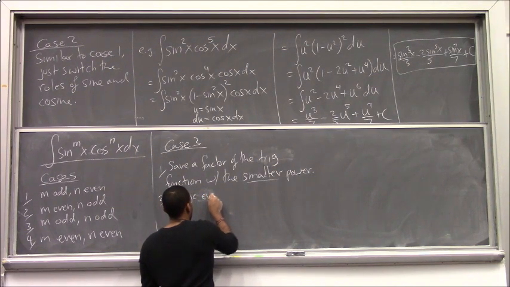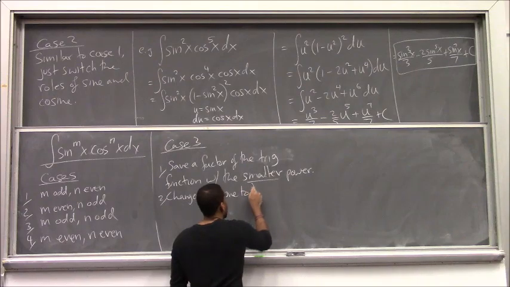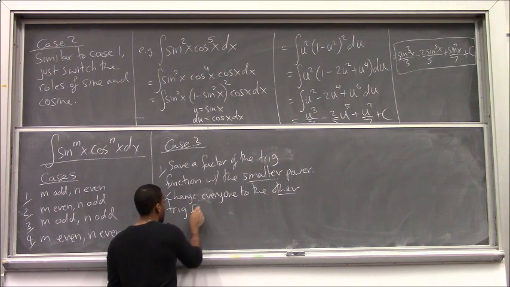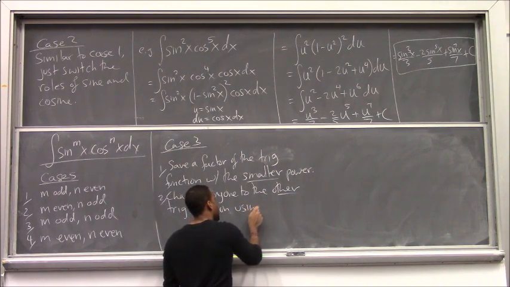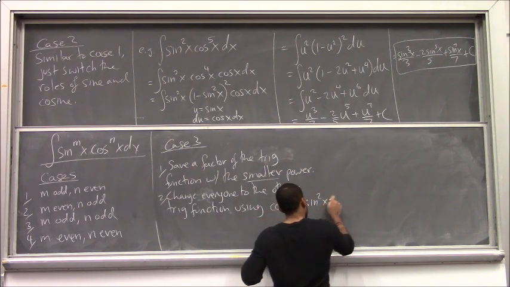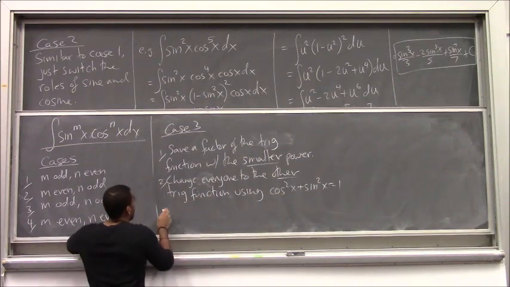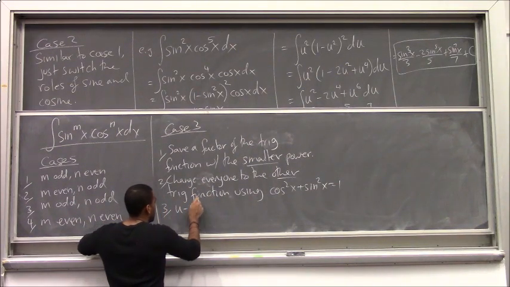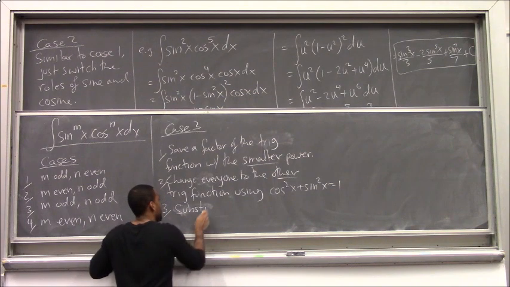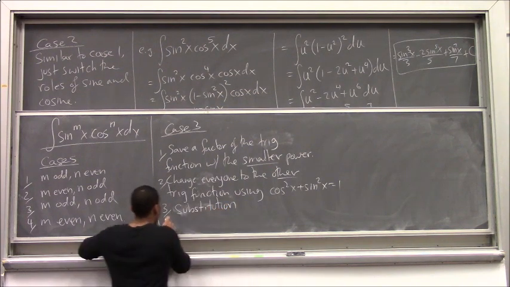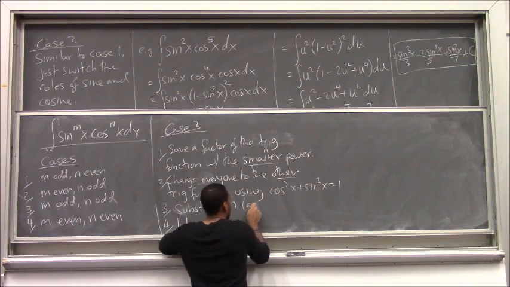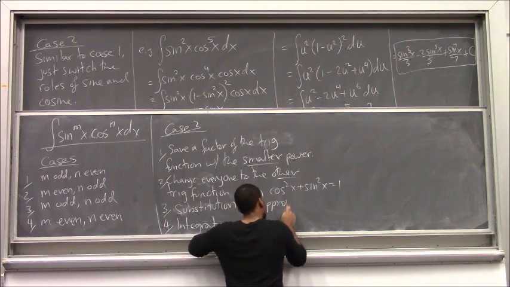Change everyone to the other trig function, using, of course, cosine squared plus sine squared. And again, substitution. Shouldn't really use substitution, picking up bad habits from my students. And of course, multiply. Now, substitution as appropriate depends on who you saved and who you changed.